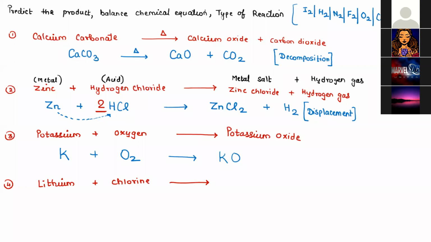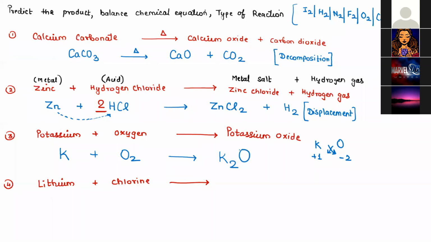All these elements have to be written in diatomic form. What is the valency of potassium, Ayush? K is +1, right? And oxygen is -2. So will the formula be KO? No, ma'am. It will be K2O. K2O, cross multiply hoga.